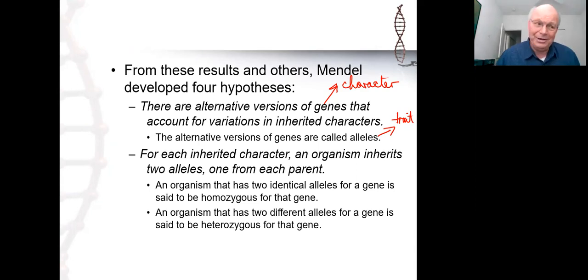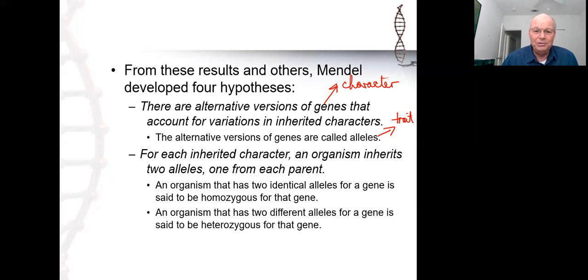And you might ask, how did we get those? Well, you may recall when we talked about meiosis in the last presentation, that the chromosomes come as homologous pairs. All of our somatic cells, our body cells, have these homologous pairs of chromosomes.